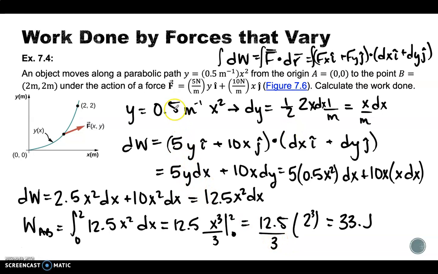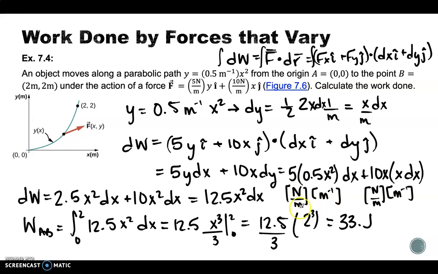Okay, so this was in meter inverse. What was this guy in? Meter inverse. So then this should have been, because this was also Newton per meter. Right? Yep. Okay.